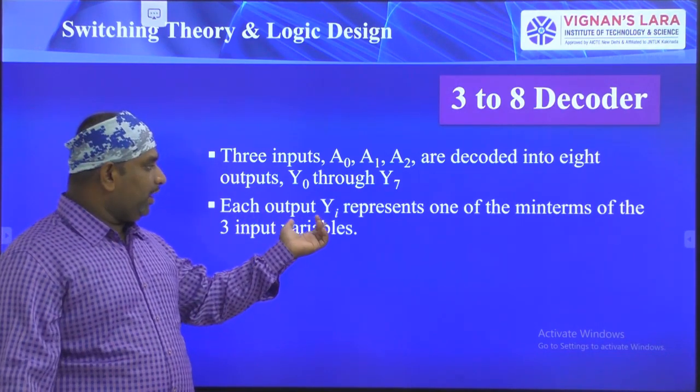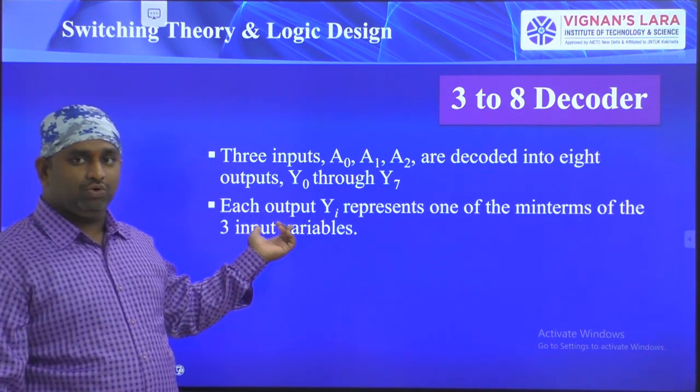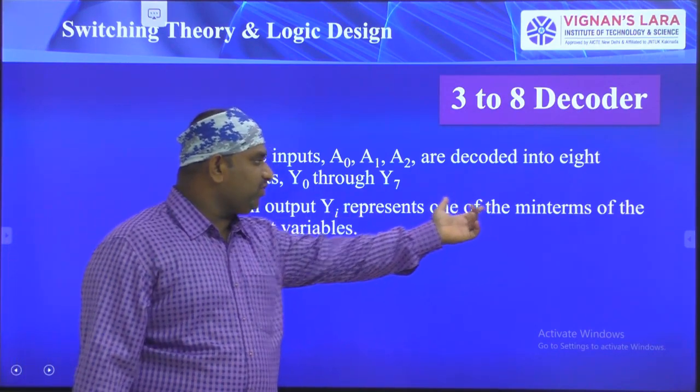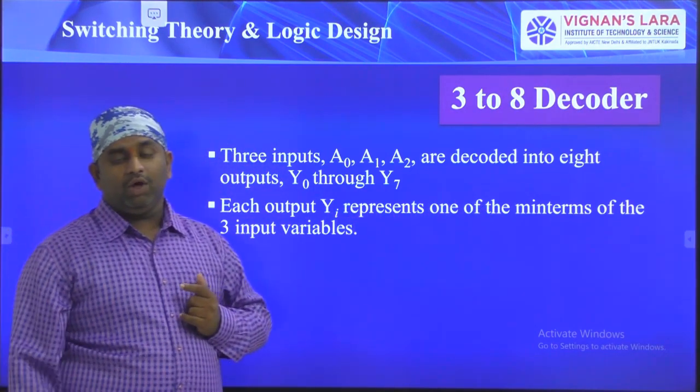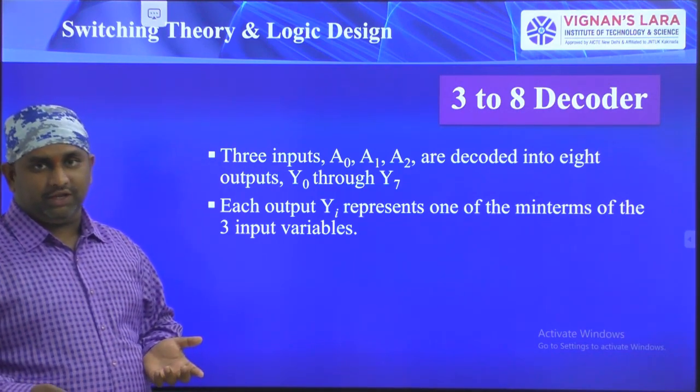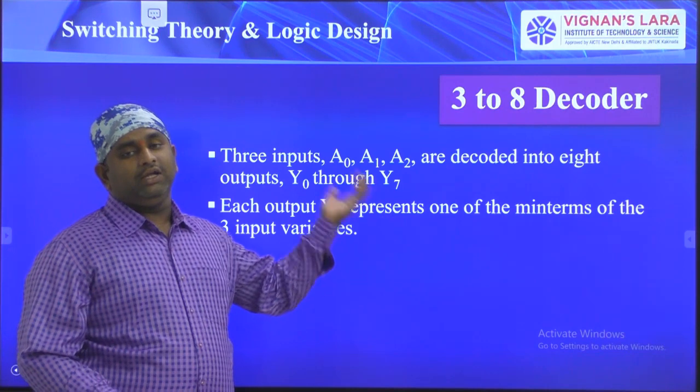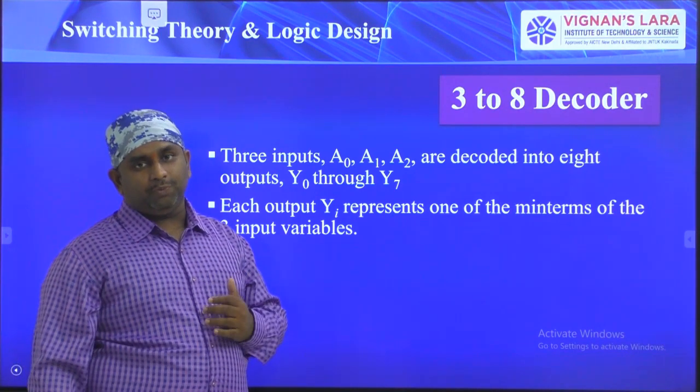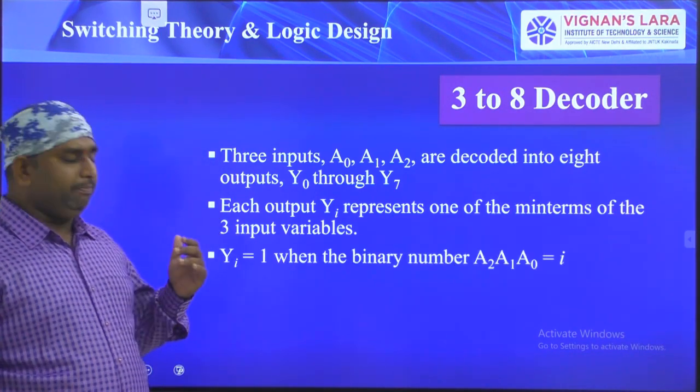Each output we are representing with Yi, where i is equal to 0 to 7, represents one of the minterms of the 3 input variables. Y0 is nothing but 000, that is M0. Each output represents an input combination, as a minterm.